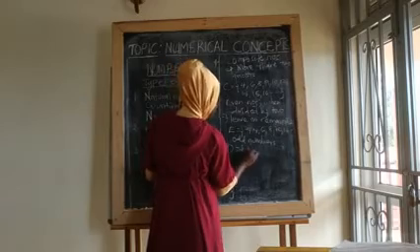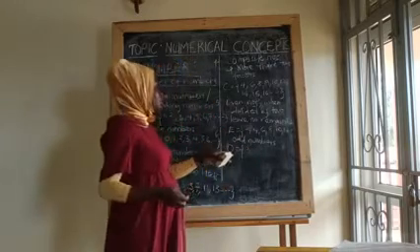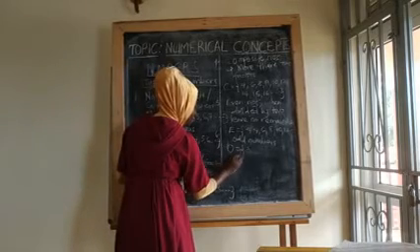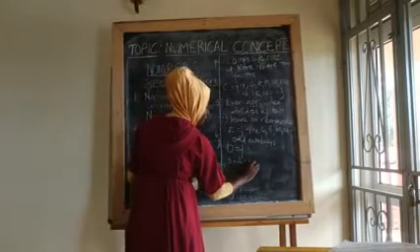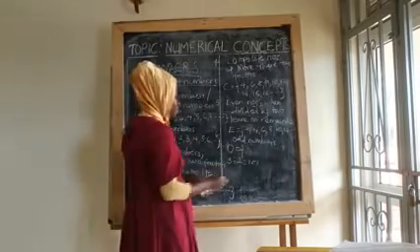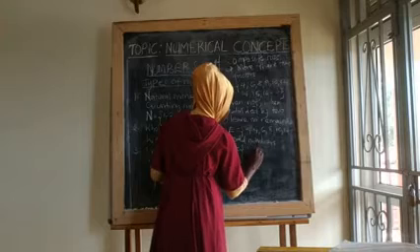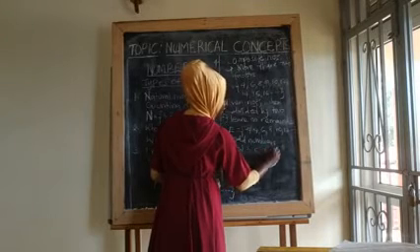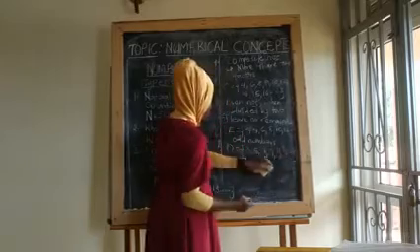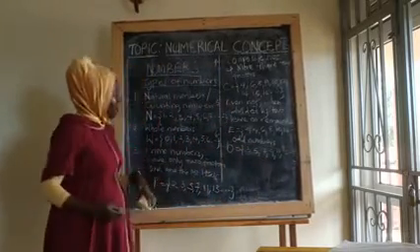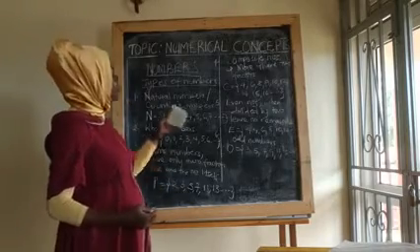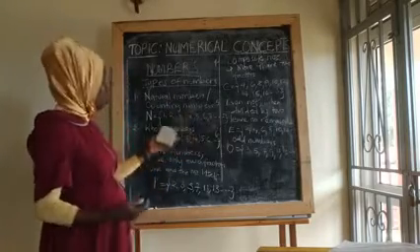We have 3, because 3 divided by 2, I get 1 remainder 1. So 3 is an odd number. I have 3, 5, 7, 9, 11, 13, and so on. The list is continuous. And we have so far natural numbers, whole numbers, prime numbers, composite numbers, even, odd.